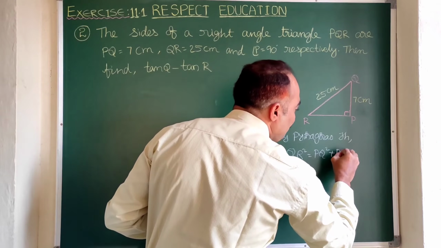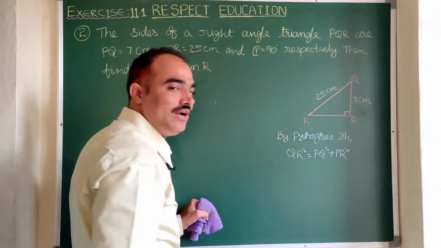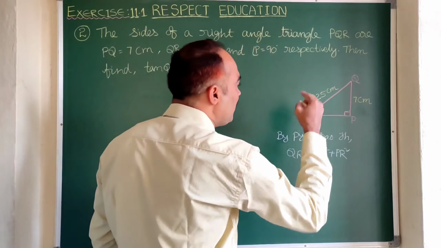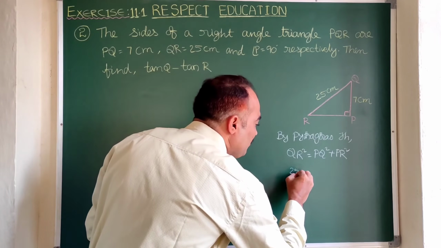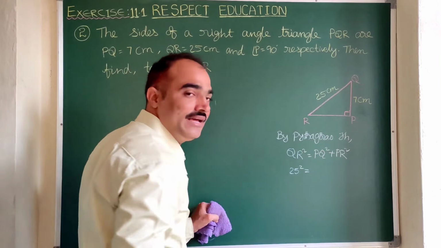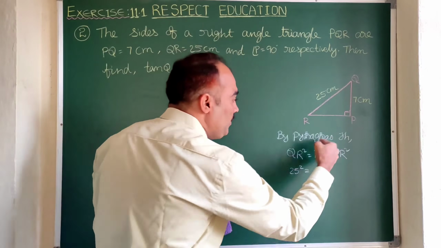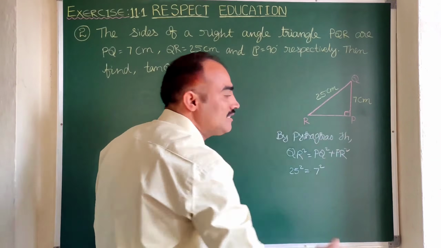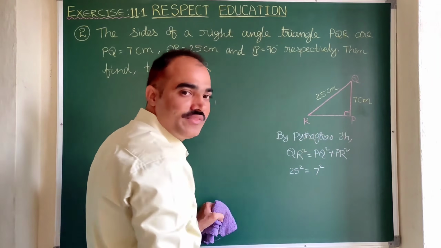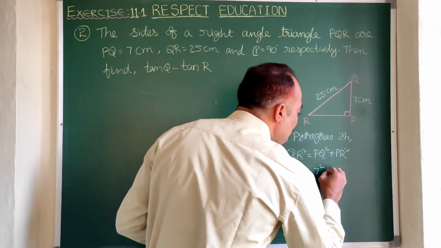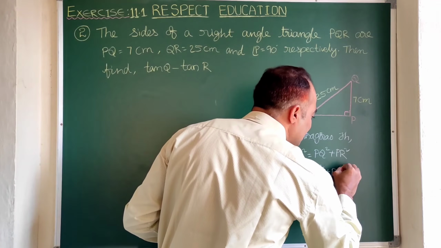Let us substitute the values. What is the value of QR? 25. So QR square means 25 square. What is PQ? 7. So PQ square means 7 square. What is PR? We don't know, so let us write PR square as it is.